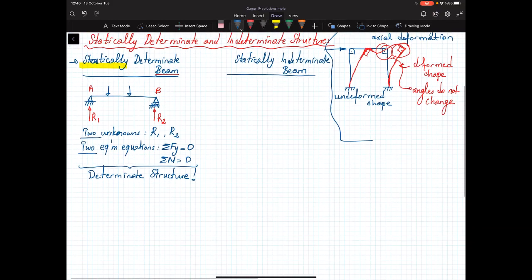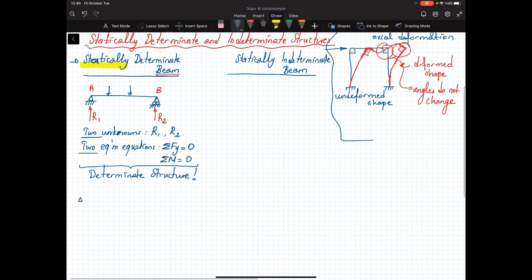So let's work on another example. Let's say I have, let's put a hinge here, an internal hinge. Point A, B, C, D, and here I have an internal hinge.